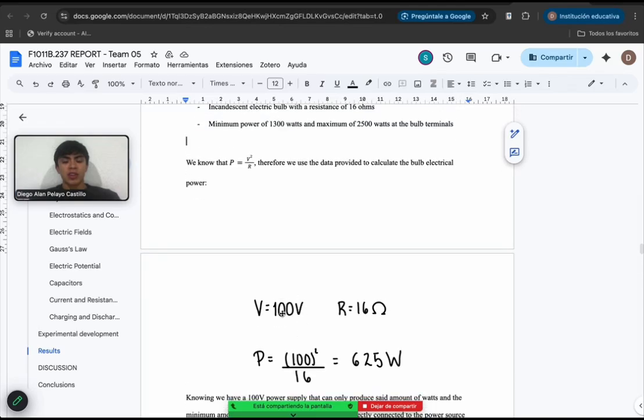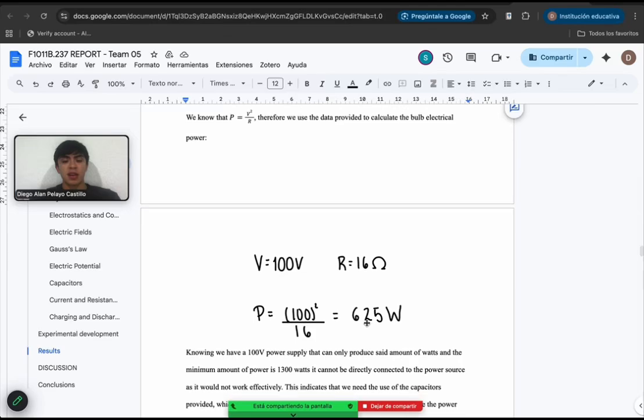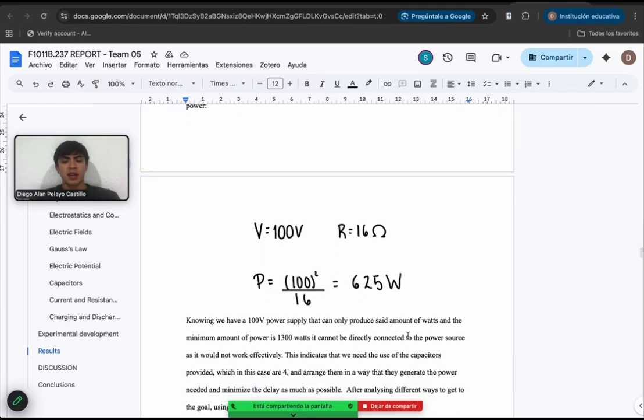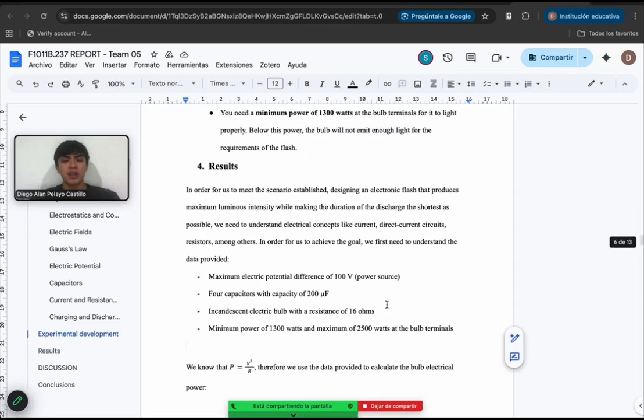Starting off, with the voltage that we were given and the resistance, we get that the power is 625 watts.